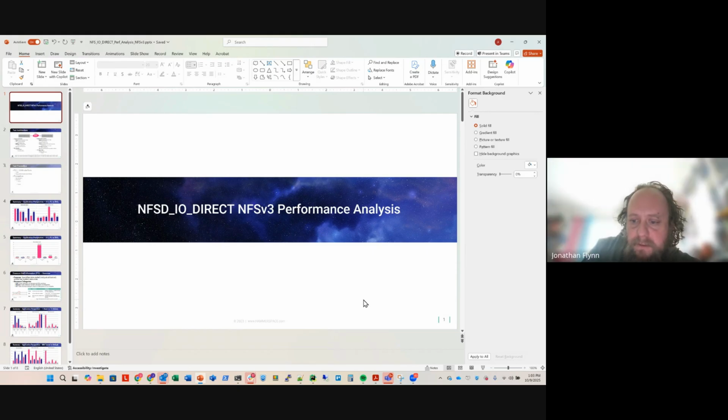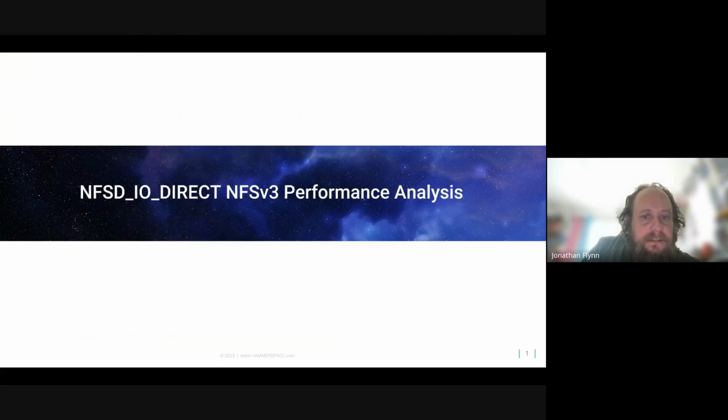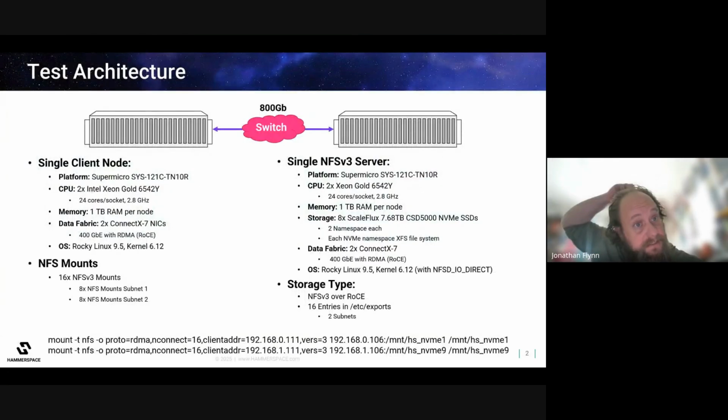Sure. All right. So just a quick look at test architecture. I like slides in some ways, but sometimes I like to just go straight into Excel and raw sheets. But sometimes it makes sense to have a quick picture that shows the architecture. Really, what I've got here is one client node and one server node running NFSv3. CPU and memory spec is all there.